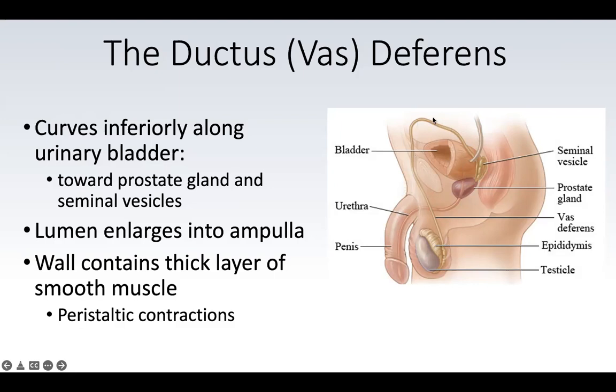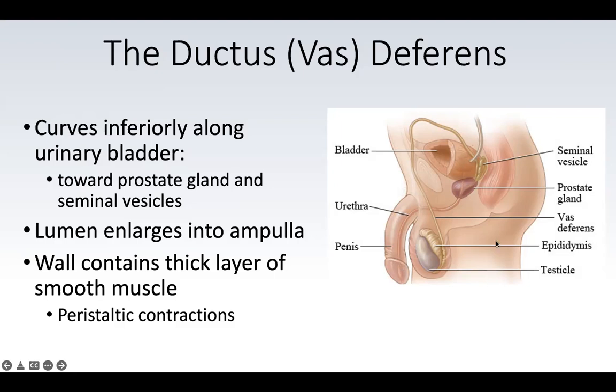The reason that's important is because it has to pass by several of the accessory glands that will facilitate sperm when it makes it into the female reproductive system. Behind the urinary bladder, there is an ejaculatory duct that will deposit this sperm into the urethra during ejaculation.